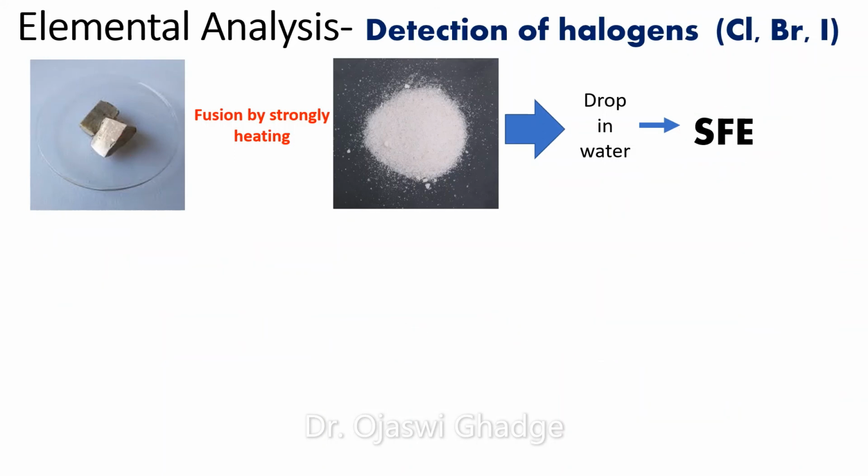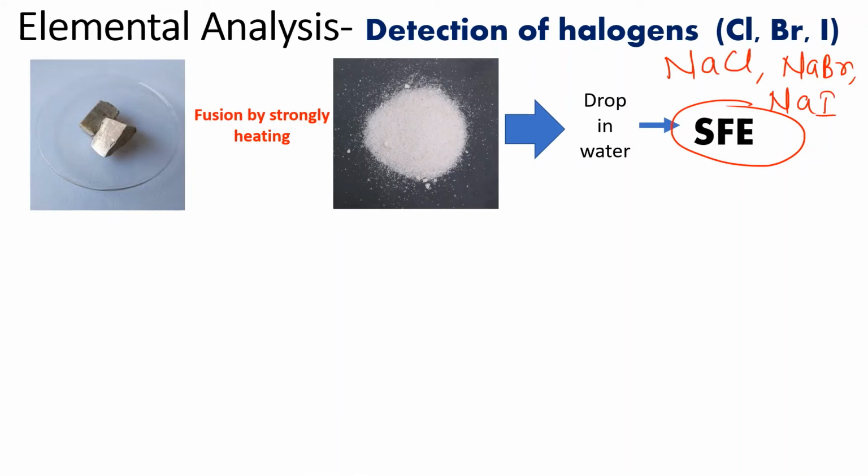Now the next important test is for the detection of halogens. If halogens are present in the compound, the sodium halide is formed.